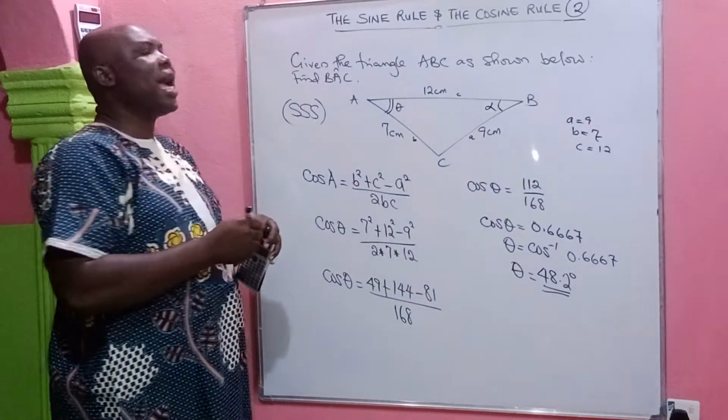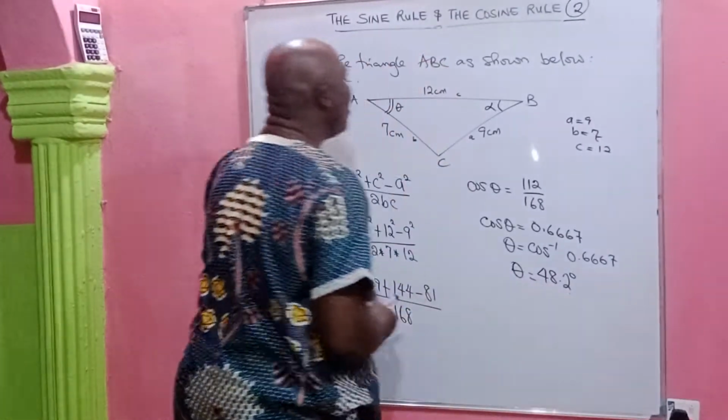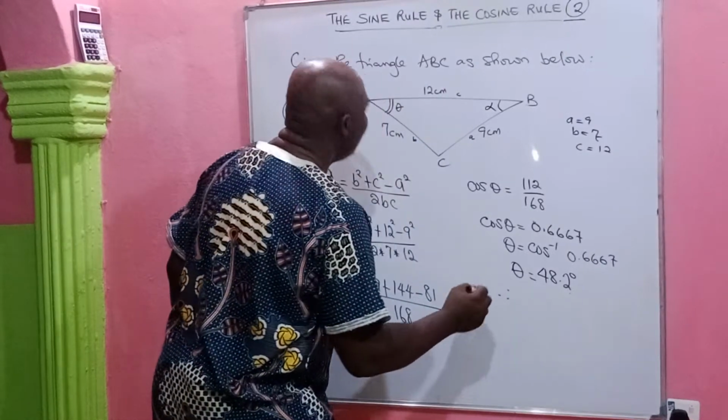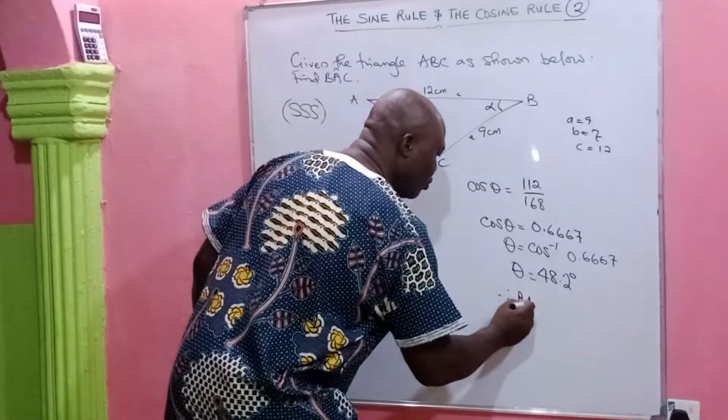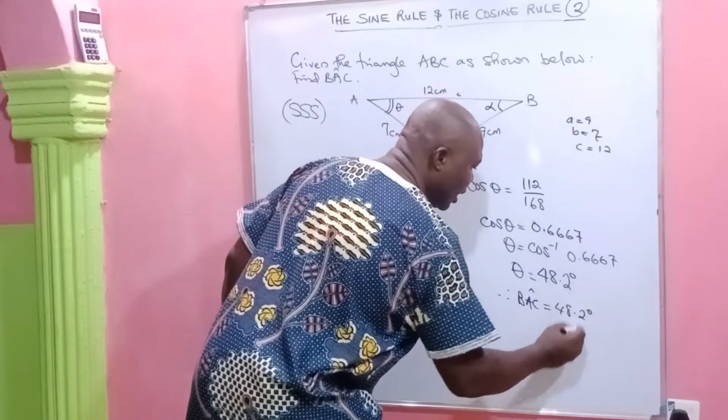We are done with looking for the angle theta, which is the angle at A. Therefore, the angle at A, which is angle BAC, will be equal to 48.2 degrees.